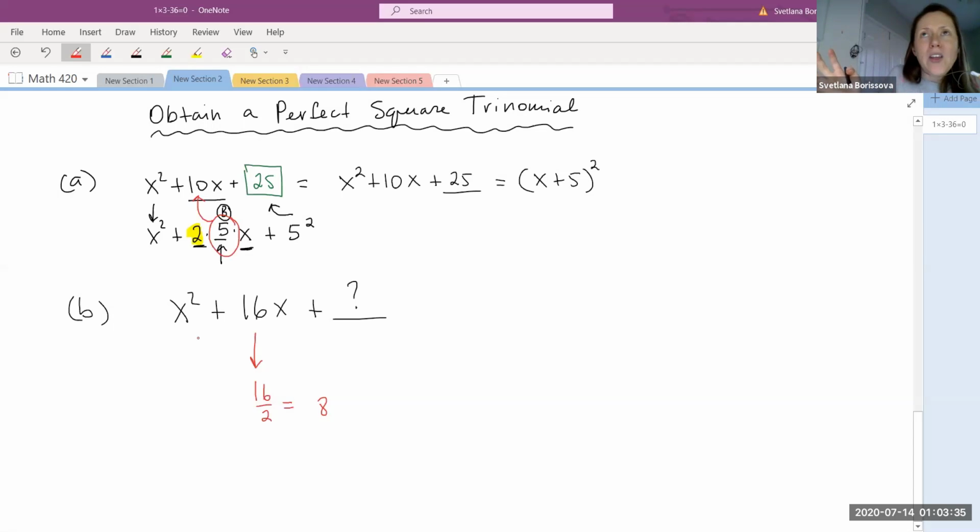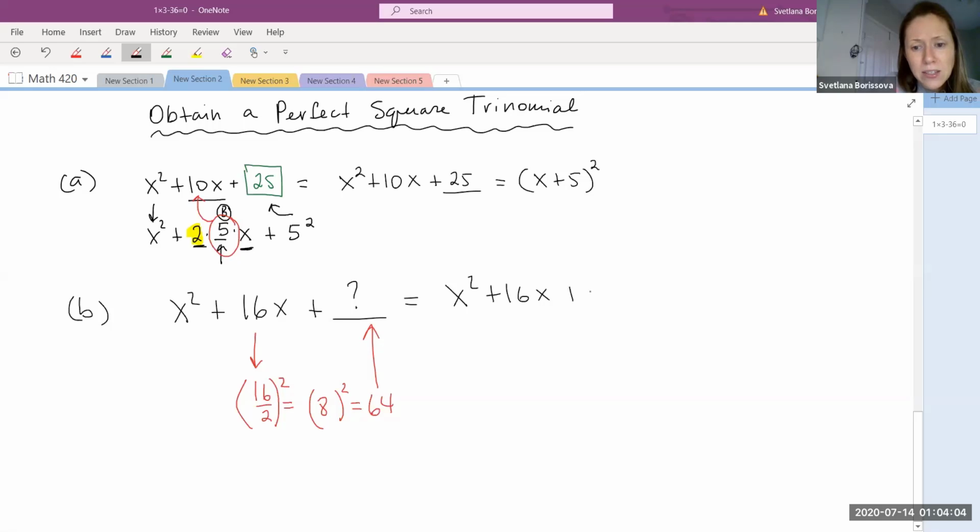So I'm going to put everything into one step: take the middle coefficient, divide by 2, and then square all that. So it's 8 squared, and the result, which is 64, has to be put over here. So the number 64 has to be placed there, and that will create a perfect square trinomial: x squared plus 16x plus 64. And now that is the perfect square trinomial.